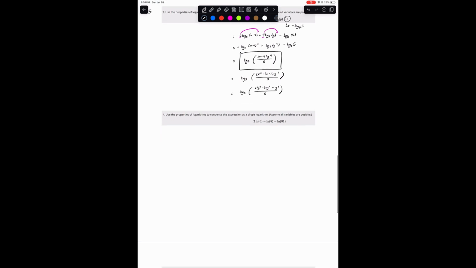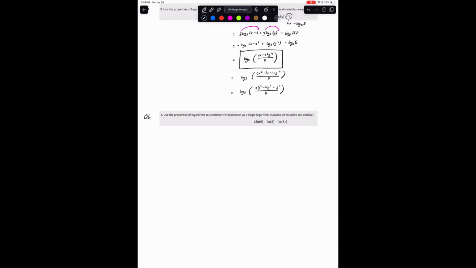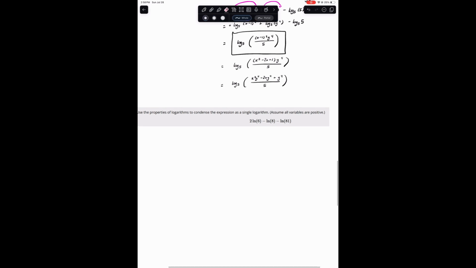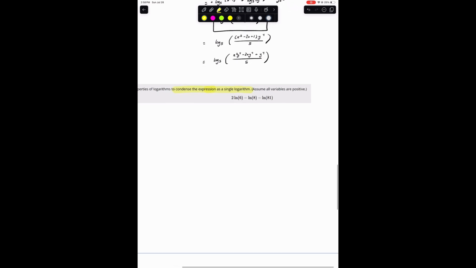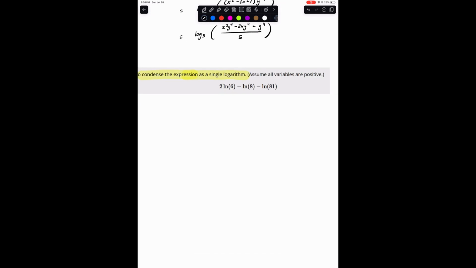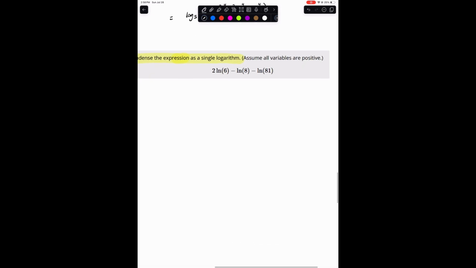Okay, now for question 6, again, we are condensing everything together. Condense the expression as a single logarithm. So let's begin. So we have 2 natural log 6 minus natural log 8 minus natural log 81.